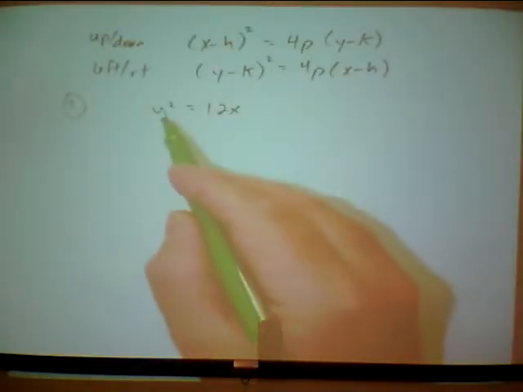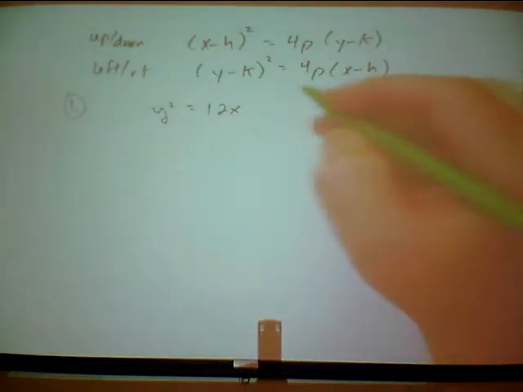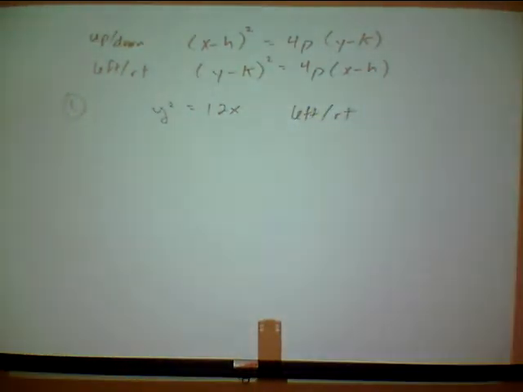Well, since my y is squared, I know right away this is going to be a left-right parabola. Now, I want to make sure the parabola is in the standard form. Now, I'm going to rewrite this equation.